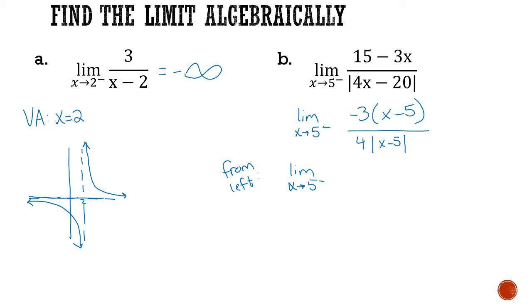And since it's from the left, this is going to be the negative version of it. So I've got negative 3 over x minus 5. That stays the same in my numerator. But since it's from the left, this is a negative 4 x minus 5. If this was from the right, it would stay positive 4. I wouldn't need to change the sign. The x minus 5's cancel. Negative 3 over negative 4 equals 3/4.